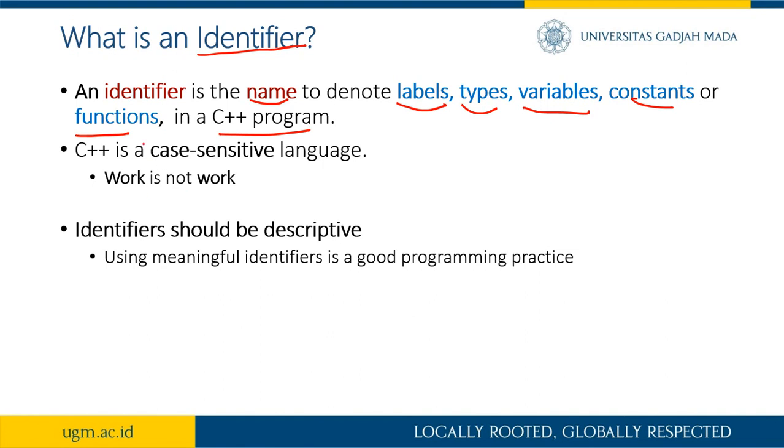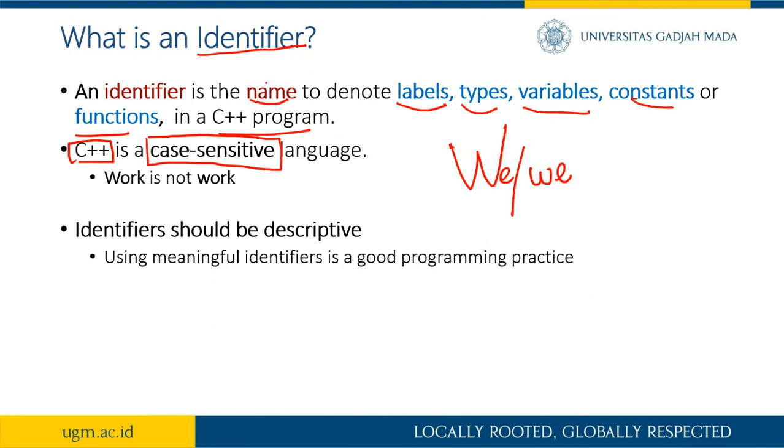C++ is a case-sensitive language, which means W with uppercase is a different object from W with lowercase. So that is the explanation of case sensitive. That means it's sensitive to the case.